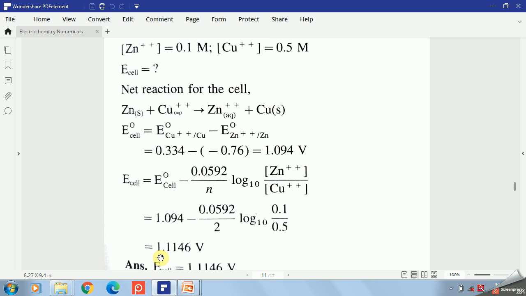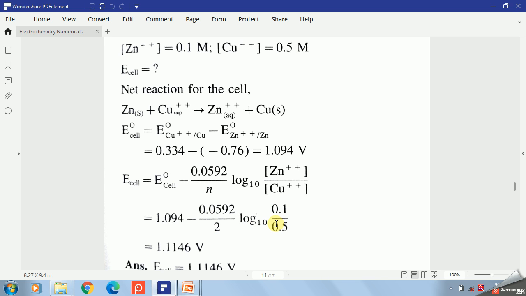So your answer is 1.1146 volt. You have to solve this first. Logarithm of 0.1 divided by 0.5 means log of 1 by 5. If we multiply this by the negative sign, then this term gets reversed. So it becomes plus 0.0296 into log of 0.5 divided by 0.1.